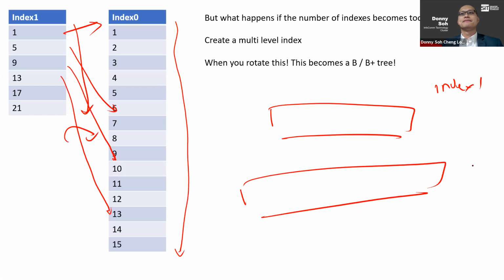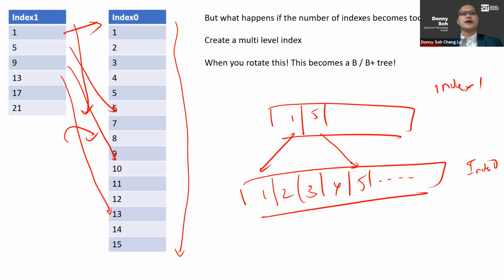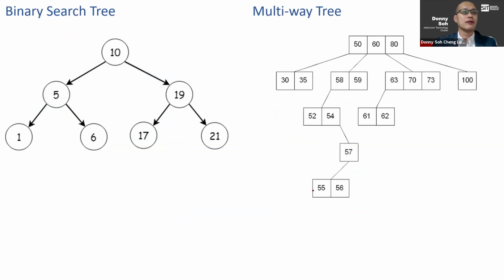a tree. So 1, 2, 3, 4, 5. So notice that this then becomes a tree. Okay, so I'm going to do a little bit of recap on what a tree is. Of course, you're very familiar with the binary search tree.